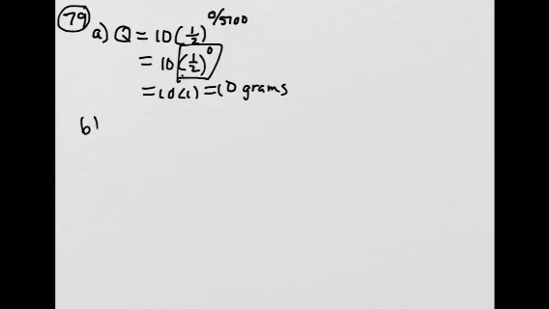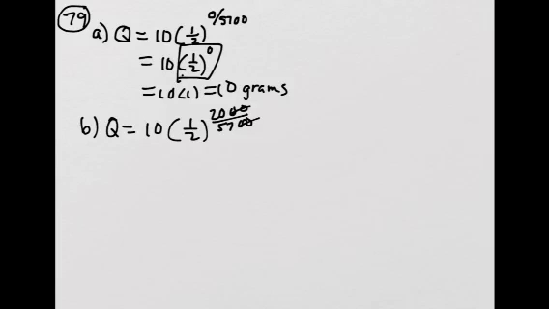Okay, for part B, determine how much is present after 2,000 years. So Q equals 10 times 1/2 to the 2,000 over 5,700. So just punch that into the calculator. So I would put 10 times 0.5 to the power of, and you don't have to put in as many digits, you could just cross out by 100, so you could just put 20 over 57.